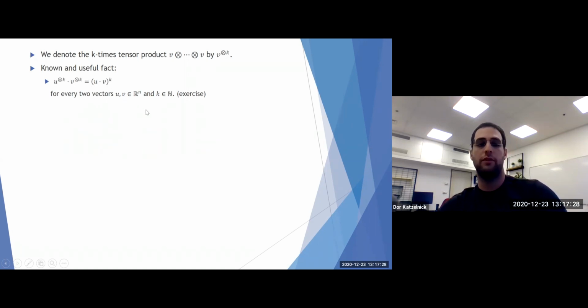And this is true for every two vectors u and v, and integer k.